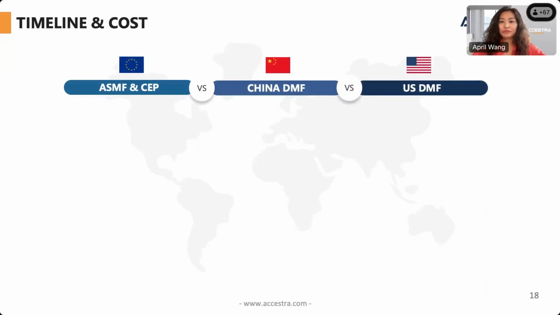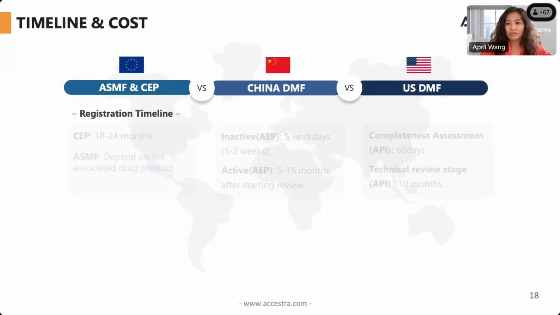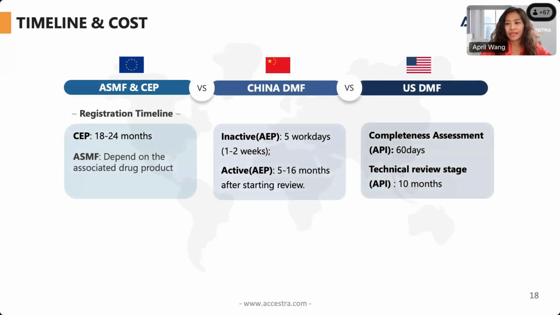And the fourth difference is time and cost. The registration timeline counts from when the DMF application is accepted. In China, it only takes 1 to 2 weeks to obtain the inactive filing number after CDE accepts the materials. The timeline for obtaining the active filing number averages from 5 to 16 months, depending on several factors.